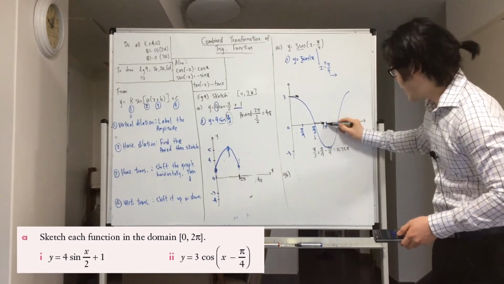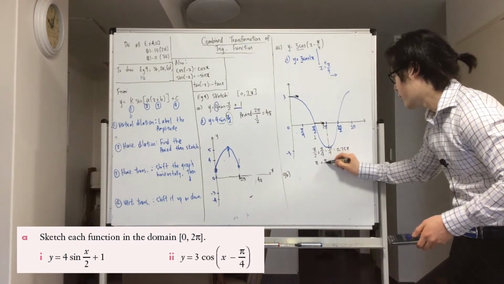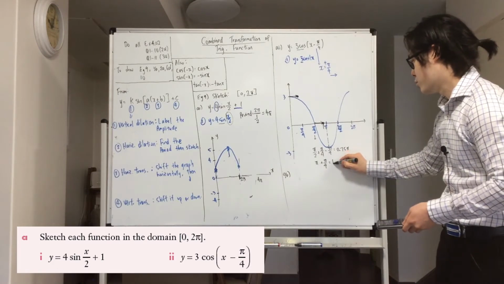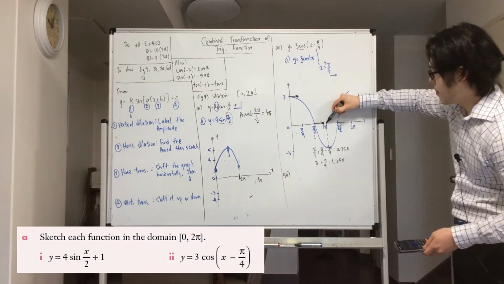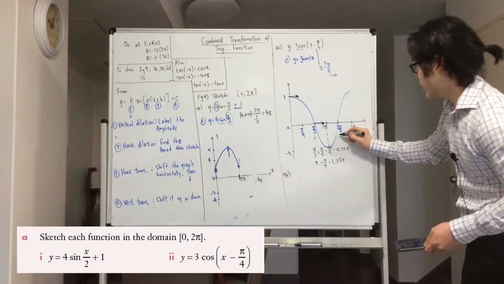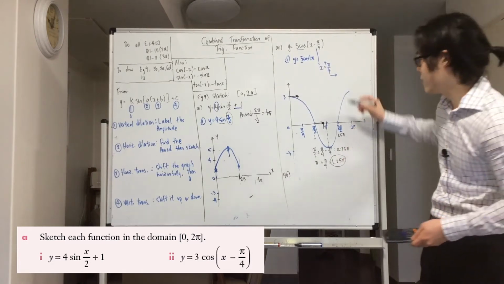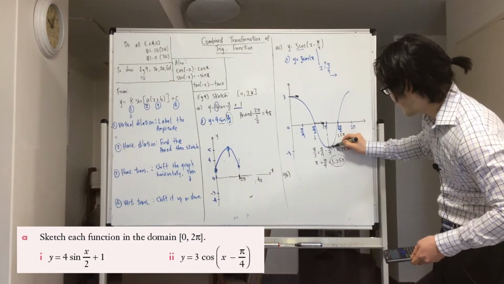Let's do the same thing at the point at pi. So if I do pi plus pi over 4, that's just 1 plus 0.25. So that's 1.25 pi. So from 1 pi, this, by the way, is 1.5 pi. So this point is going to go roughly halfway through, about there.